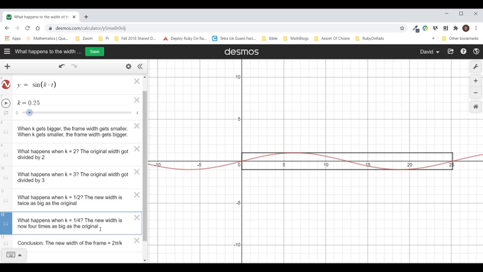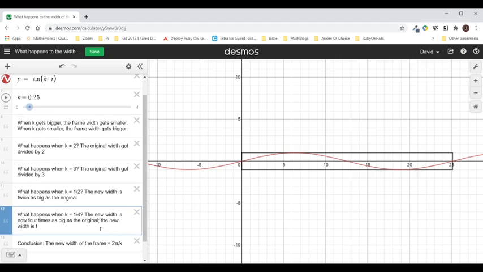In other words, the new width is the original width, that was 2 pi, divided by 1/4. So that wound up being our 8 pi, right?